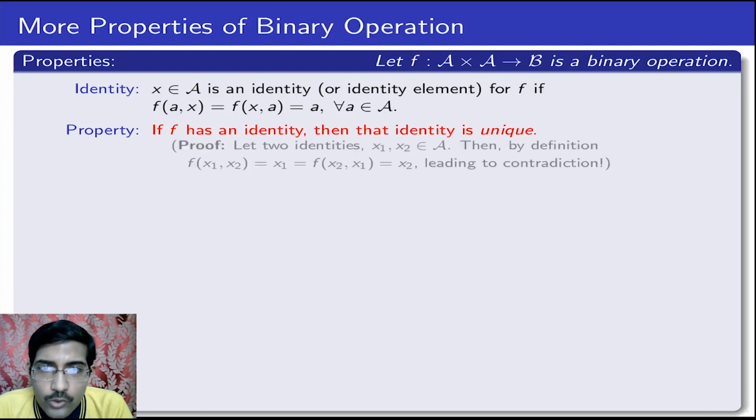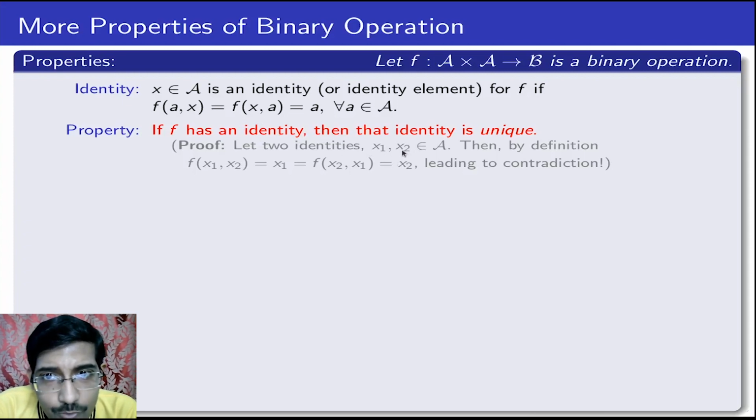This could be easily shown by contradiction. Let us say we have two elements x1, x2 belonging to A. By definition, if you choose x1 to be your identity, then it will operate on any element and produce that element as the answer. So f of x1, x2 will produce x2 as the answer.